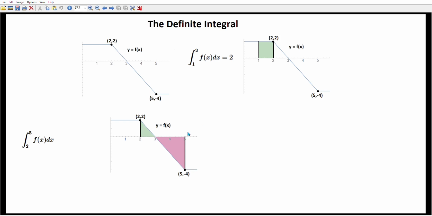Length here is 2, height is 4, 4 times 2 is 8. 1/2 of that is 4, but now it's negative, so this is a plus 1 and a minus 4. And the answer is minus 3.